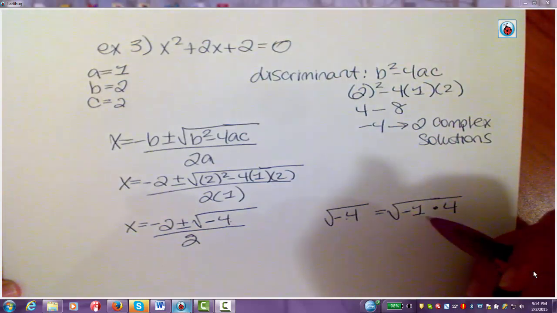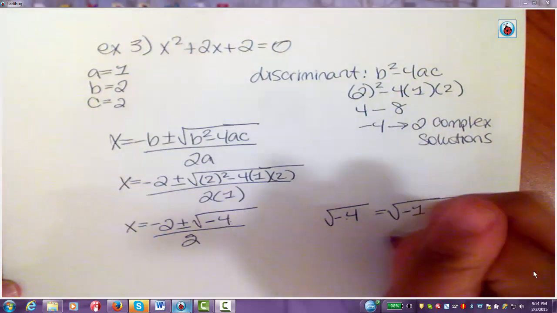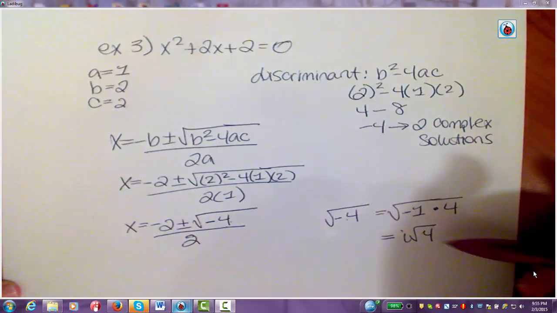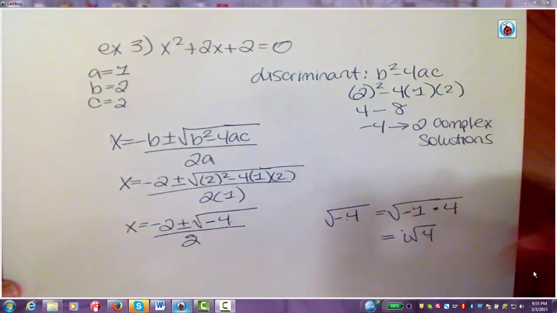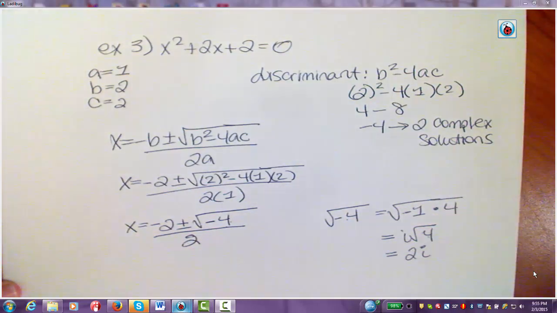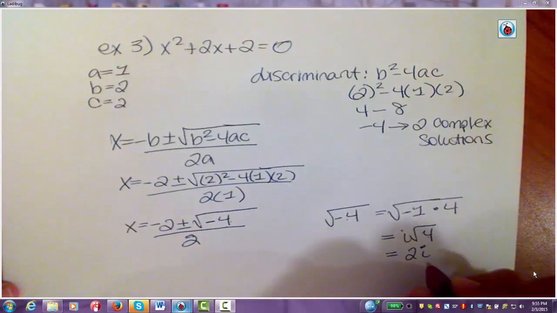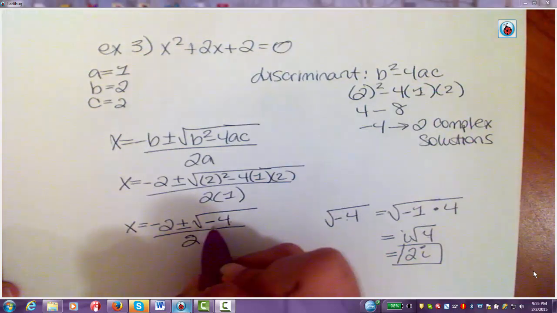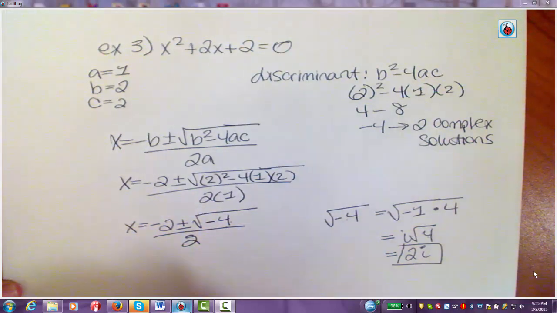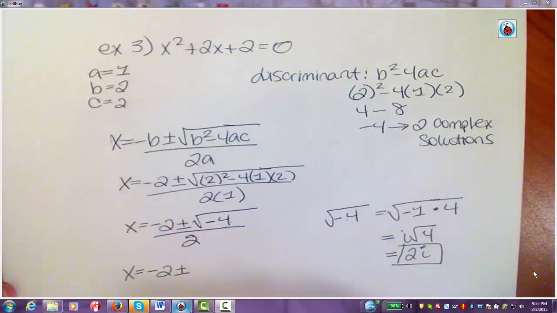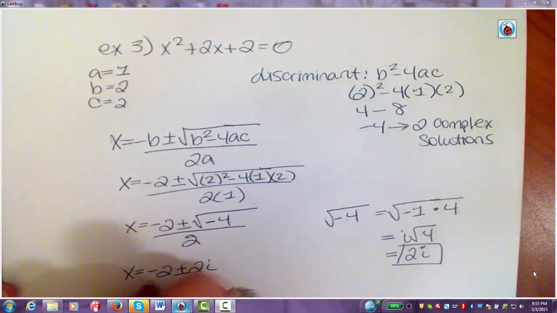Remember, we take the negative 1 out and it becomes i. So this equals i square root of 4, but then the square root of 4 is 2. So we get 2i. So now we can put this in for square root of negative 4. So we get x equals negative 2 plus or minus 2i over 2.